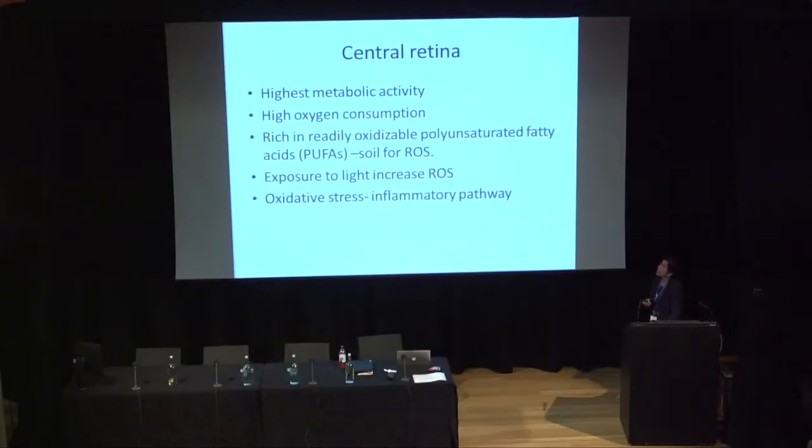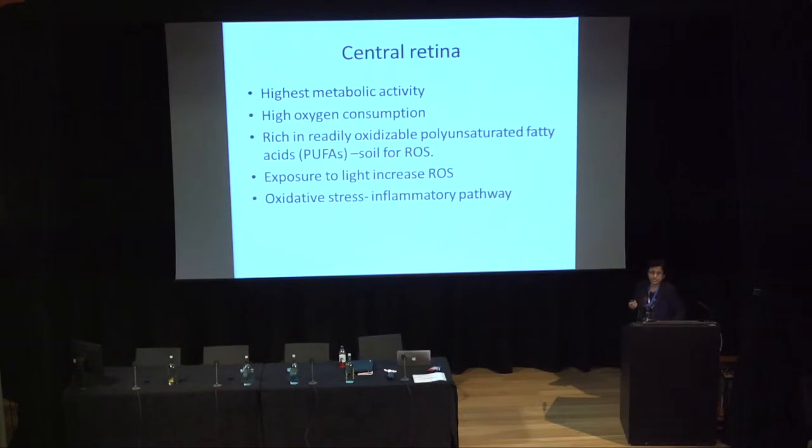So why did God put macular pigments in the central retina? That's the main thing that is important for the 2 conditions we are going to describe today. The central retina is the area of highest metabolic activity of all parts of the retina, and therefore it consumes the most oxygen, and that's why it's very heavily infiltrated by reactive oxygen species when exposed to light or other external stressors.